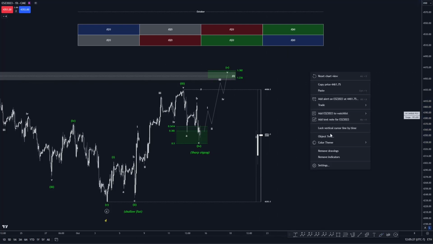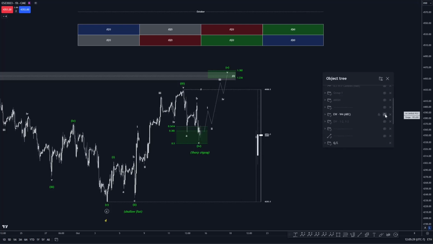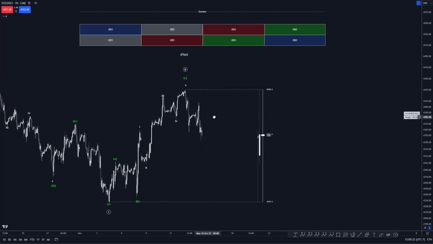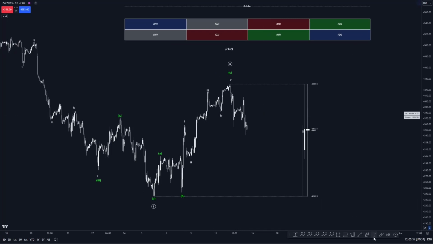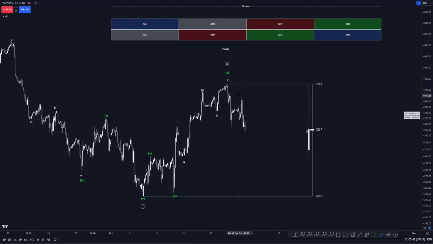So if I want to pull up the bearish perspective, we can say this was more of our accumulation phase. This was our manipulation phase. Now we want to see distribution down.